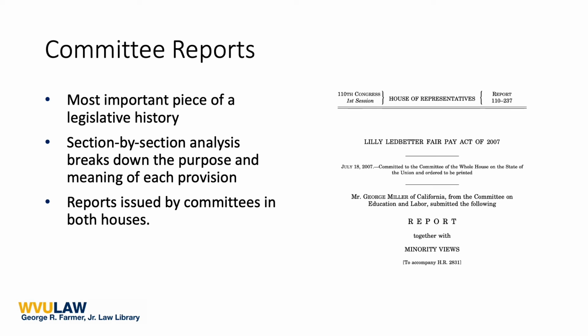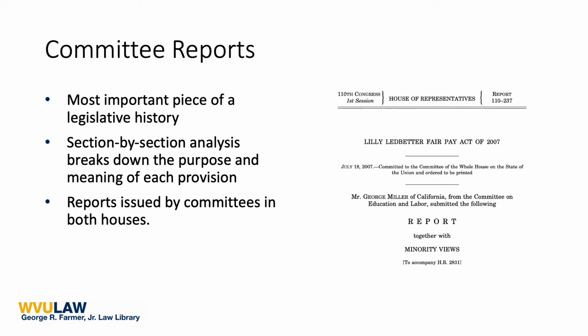Committee reports are numbered separately for the House and the Senate, starting with the number of the Congress that issued the report, a hyphen, and then the chronological number of the report in that session of Congress. The example shown here is a report from the Committee on Education and Labor submitted in response to the committee's deliberations on the Lilly Ledbetter Fair Pay Act.